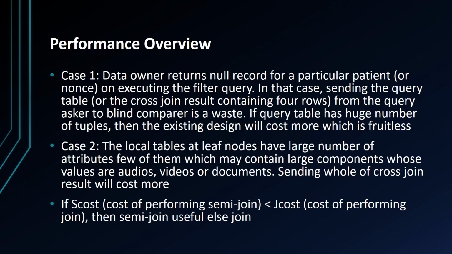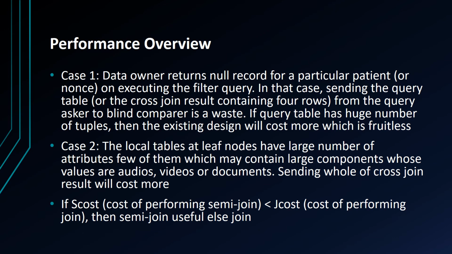Also, as we have said, the local tables at the leaf nodes may have a large number of attributes, and if the components of the attributes are files like audio, video, or documents, then sending such tables having such big records would be really very tedious. So we need to compute two things.